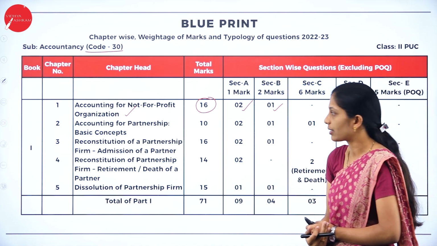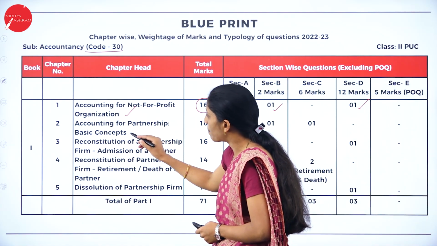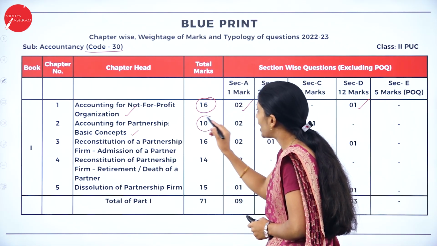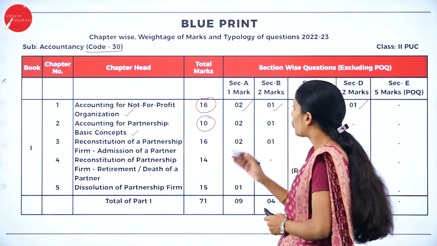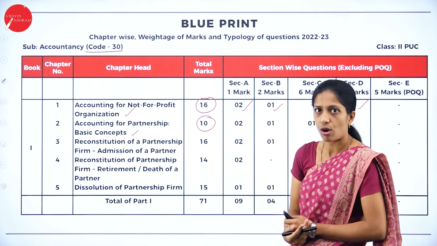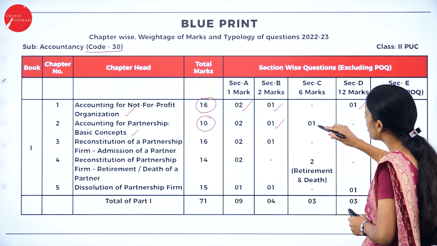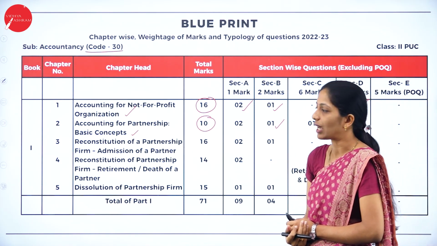Coming to your second chapter, accounting for partnership basic concepts, the total weightage is 10 marks, where you can expect 2 questions of 1 mark, 1 question of 2 marks and 1 question of 6 marks.